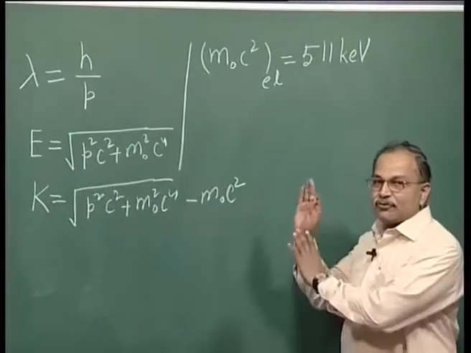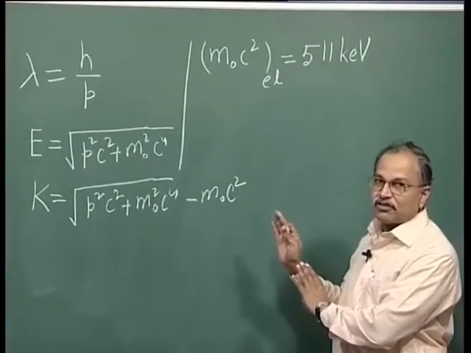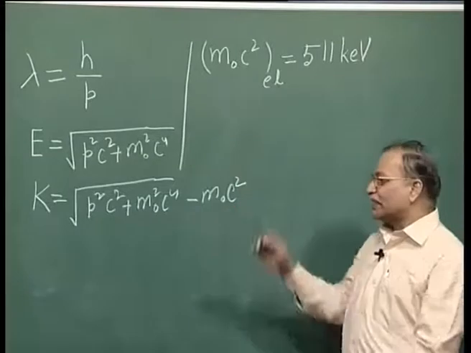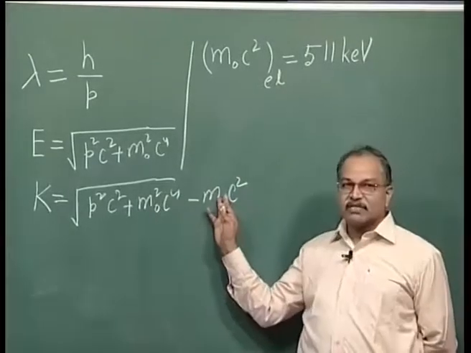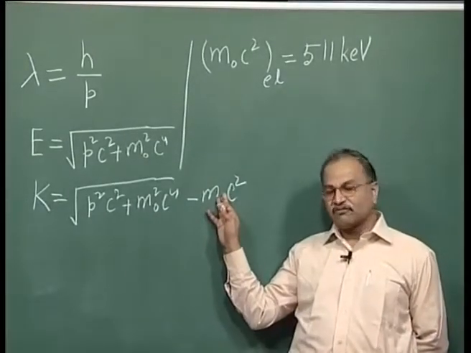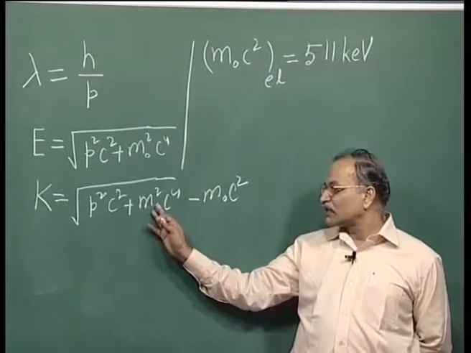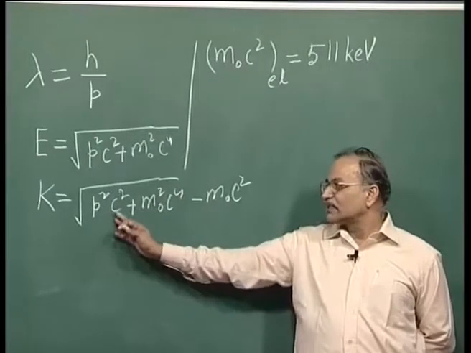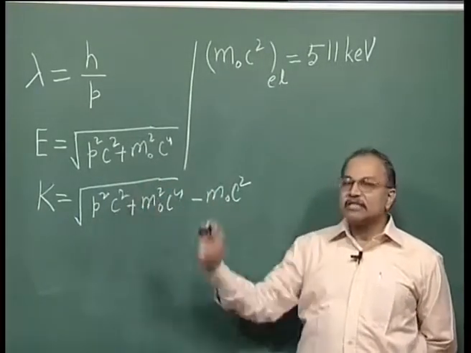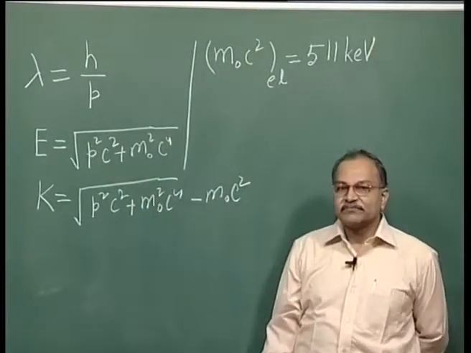In fact, I can give you the rest mass energy of protons and neutrons also, but maybe later. So this is 511 keV, and this is 511 keV squared. Add to this and do all this algebra, and you get what the kinetic energy is.